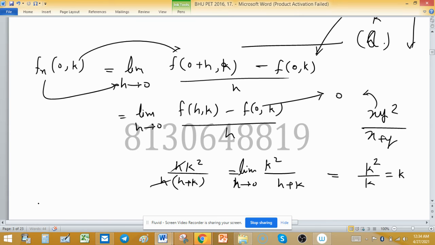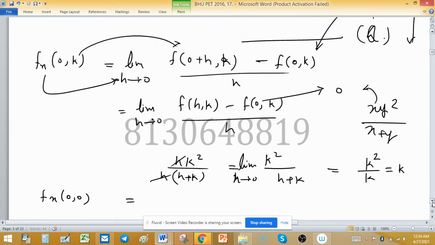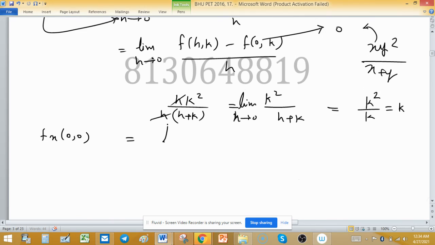Similarly, we have to find f_x at (0,0), and this is equal to the limit as h tends to 0 of f(h,0), or 0 plus h you can write, minus f(0,0), the function at the point, divided by h.